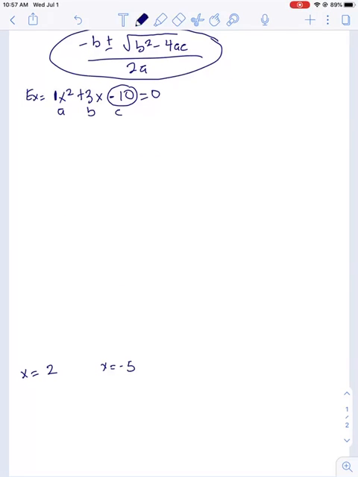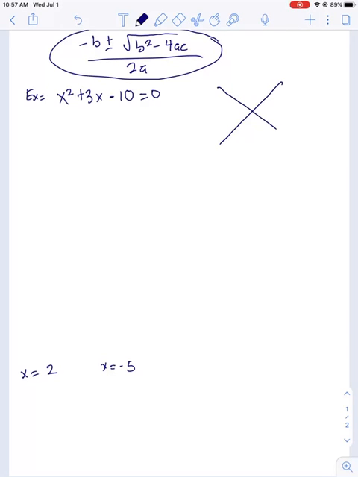Alright, so now when you're given this type of problem, we're going to use the same equation, where you find the two x values of x squared plus 3x minus 10. The first thing you want to do is draw an x that looks like this.